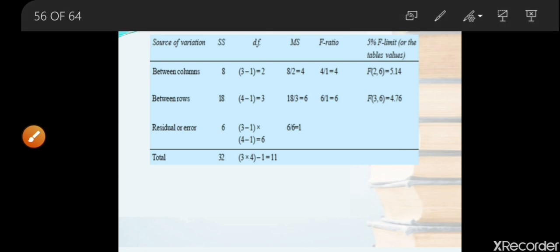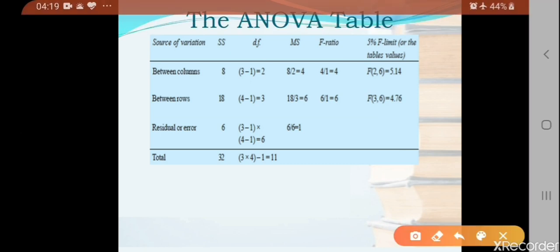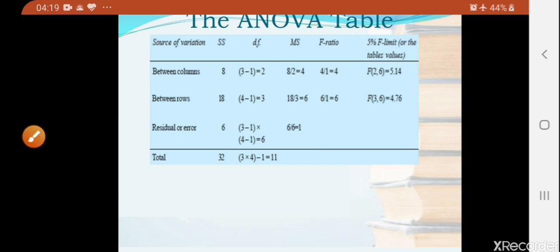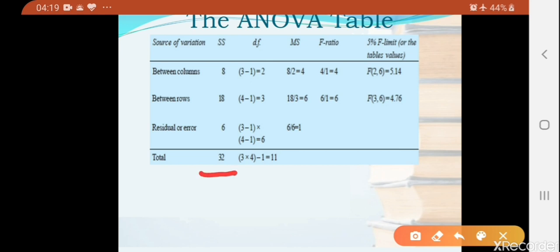Similarly, for residual error we have calculated SS as 6, and degrees of freedom as C minus 1 into R minus 1, that is also 6, and MS comes out to be SS divided by degrees of freedom. And for total, we will add these three, or we have calculated also 33. So C into R minus 1 is the degrees of freedom, 11.